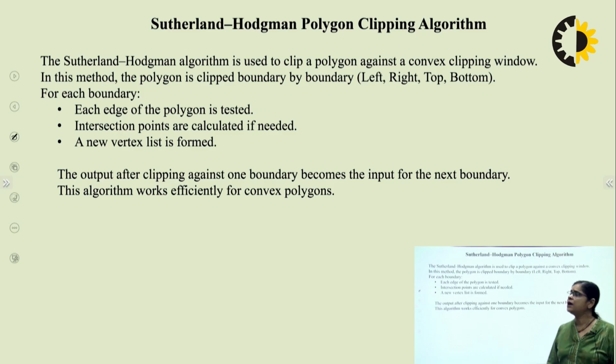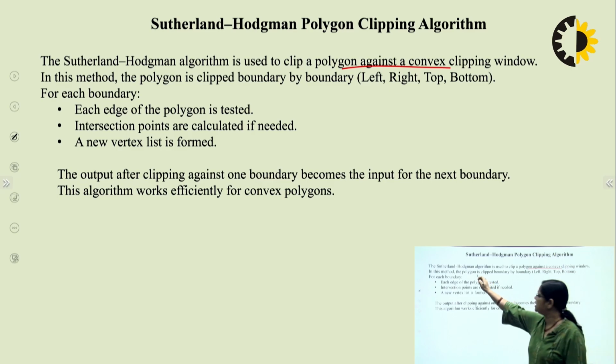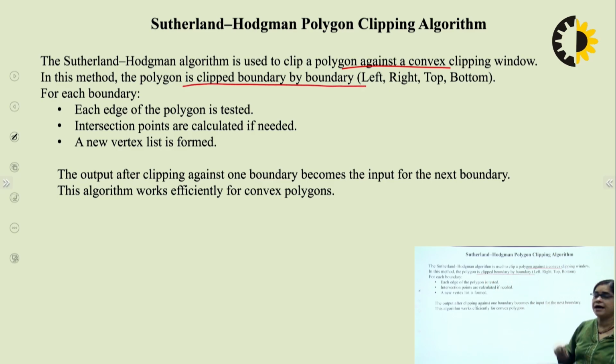The Sutherland-Hodgman algorithm is normally used to clip a polygon against a convex clipping window. In this method, the polygon is clipped boundary by boundary.